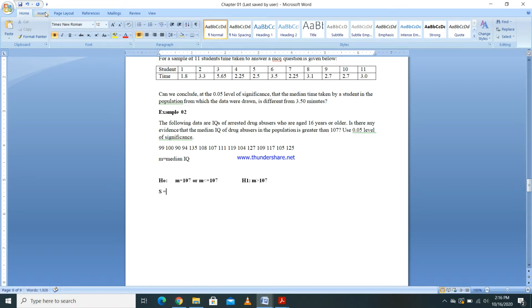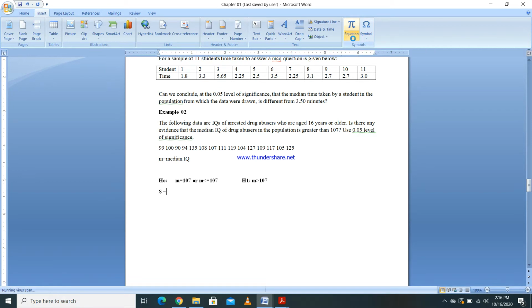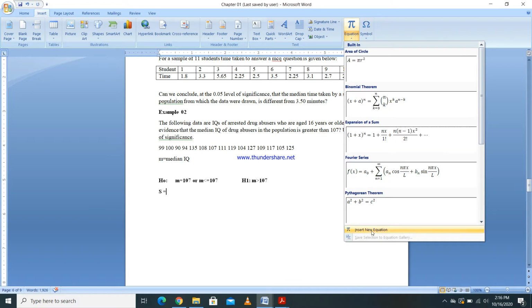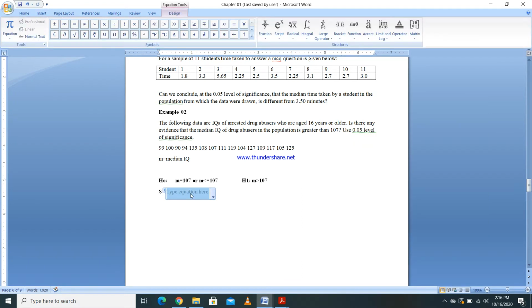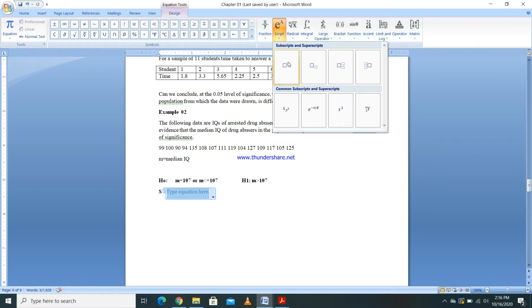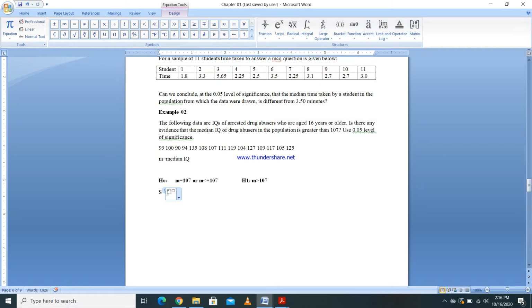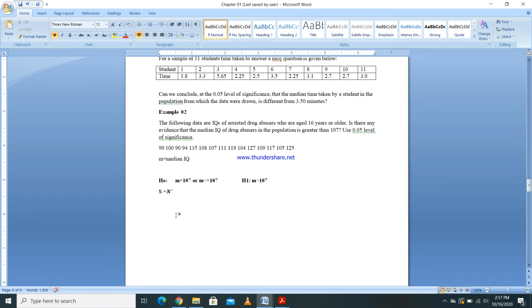In that case we know our test statistic is n minus, or in other words, you have to find the number of negative differences in your sample. So that would be our test statistic. I'll just write capital S equal to n minus. So this is our test statistic.